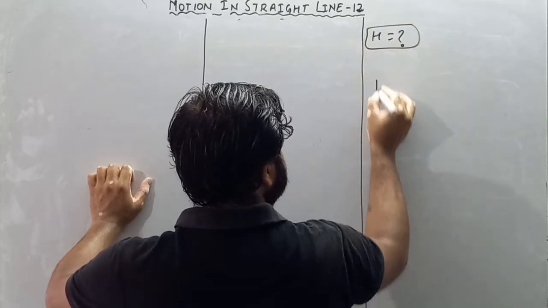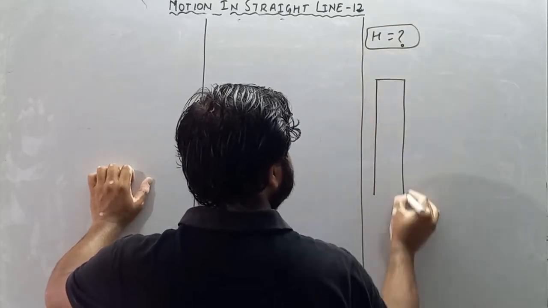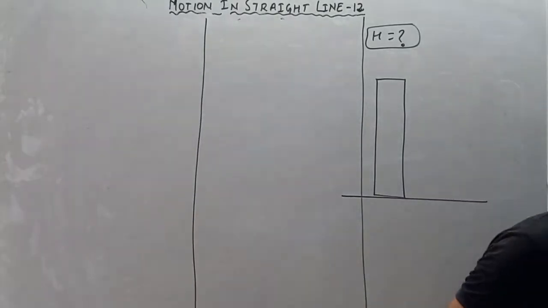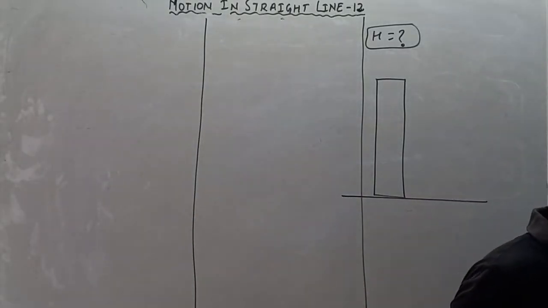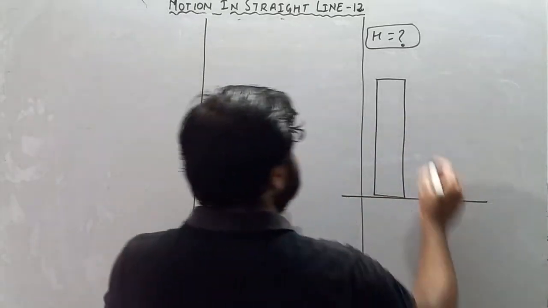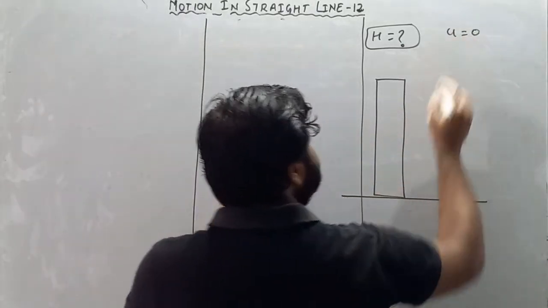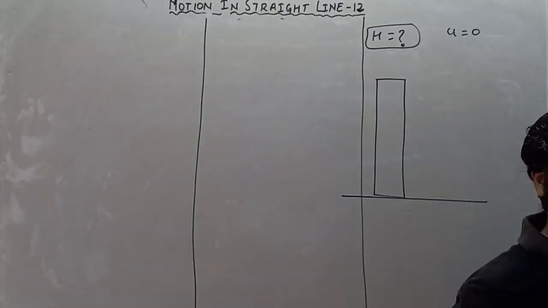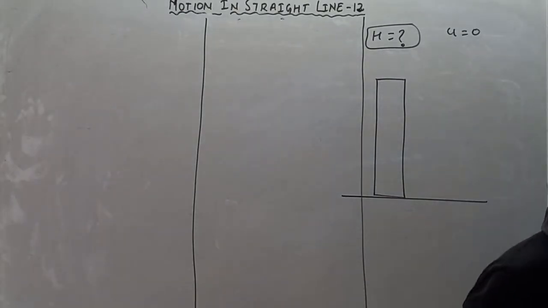Now see, my dear student, there is a cliff. Let's suppose this is your cliff. In the question they are saying a stone falls. Falls means nothing but the initial velocity is considered to be 0. So a stone falls from a cliff and travels 24.5 meters in the last second.